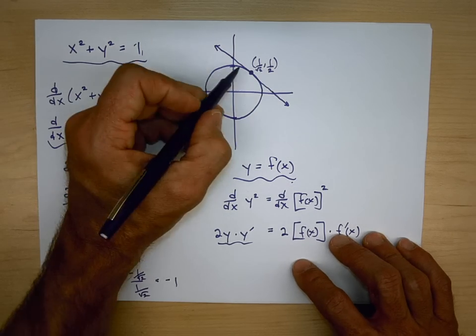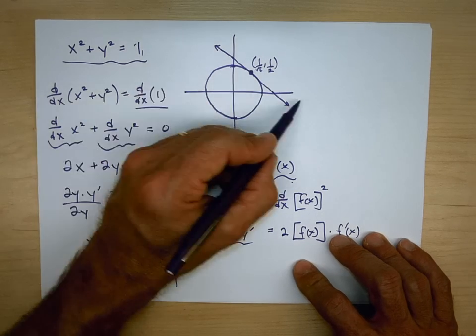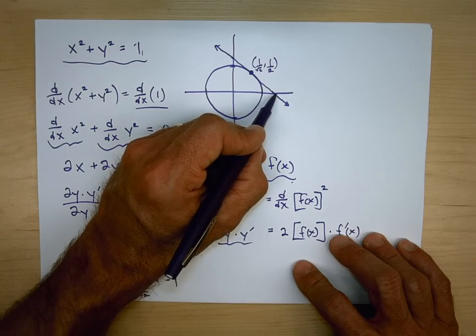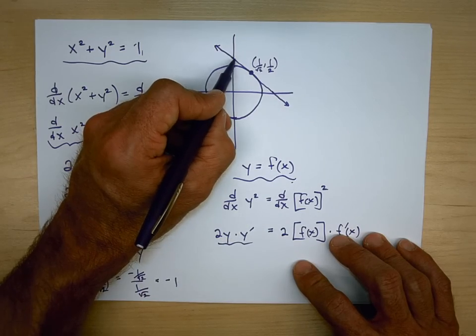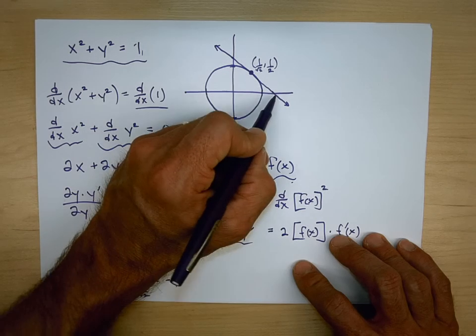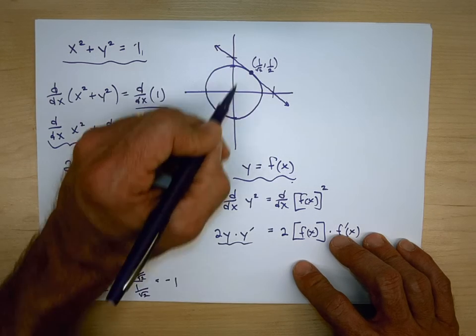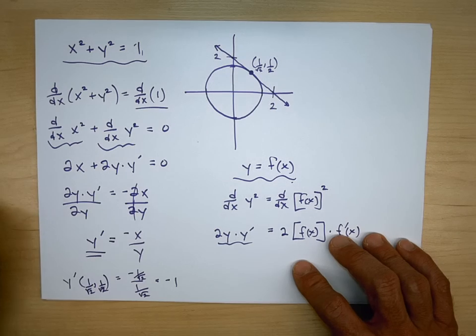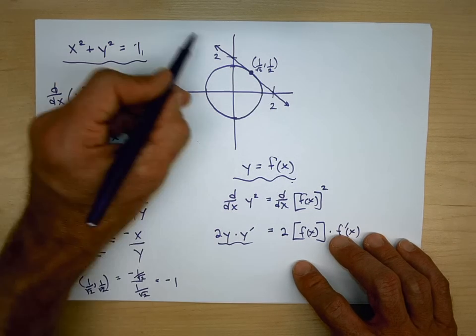And if you look at that, it makes sense, right? It's a negative slope. It looks like it's going to hit the x-axis at about the same place as the y-axis. If this were 2, then that would also be 2, right? There's a slope of negative 1 there.